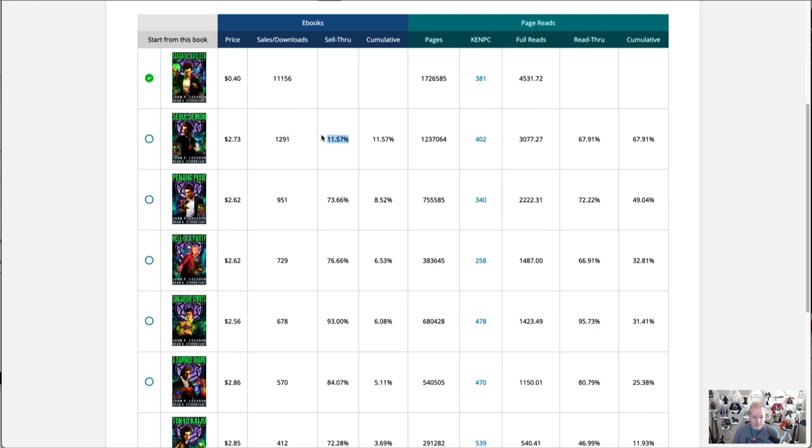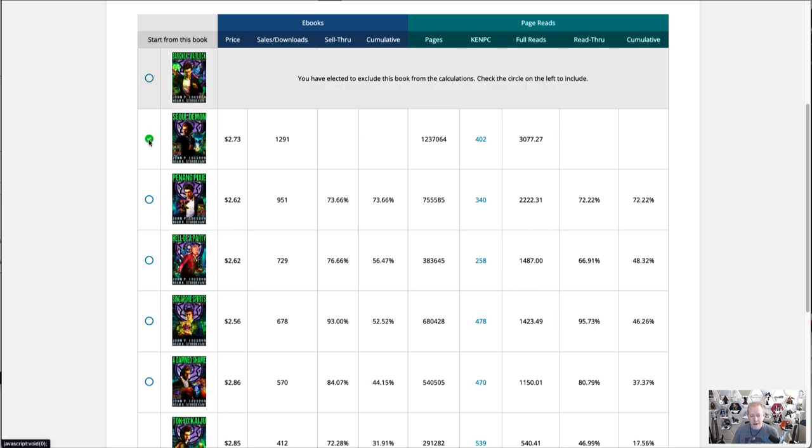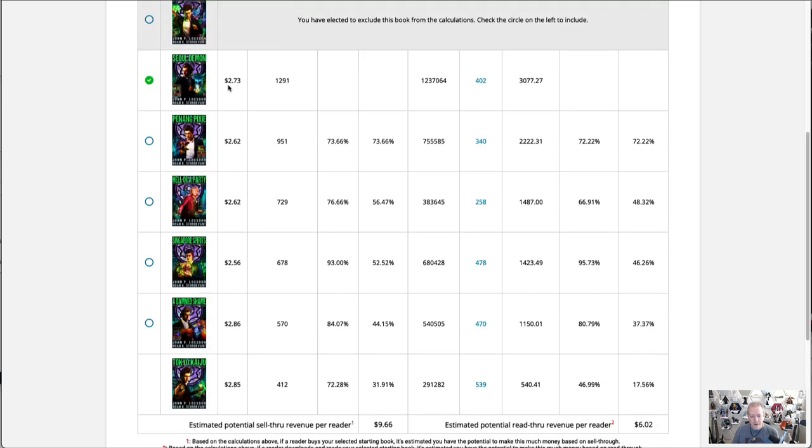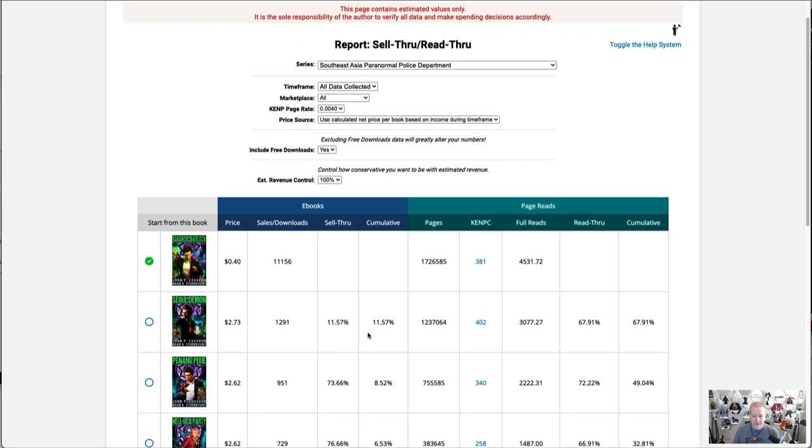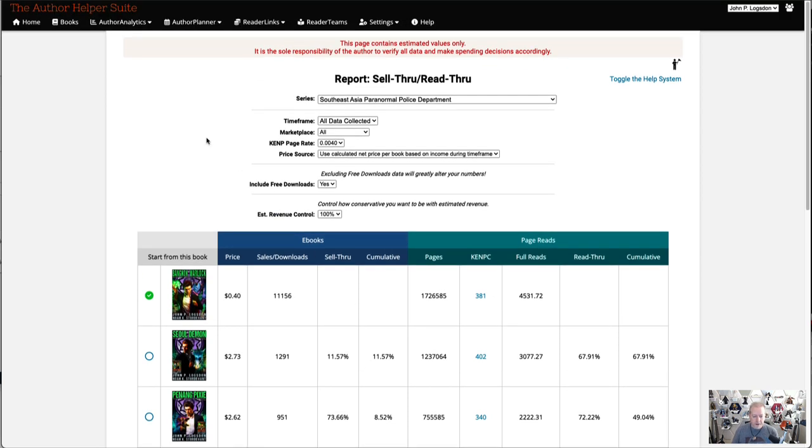Only 11.5% of people who got this, however they got this book, moved on to here. And since I know that, now I can kind of look at this and go, all right, so of those people that got to here, here's how I'm doing. That's really the key component to take away from this. And also, of course, all of the things that you change here are going to impact the numbers that you see down here. So I hope that's been helpful for you.